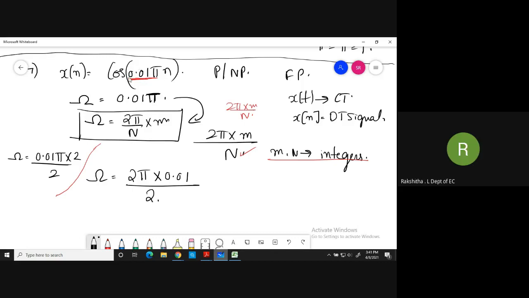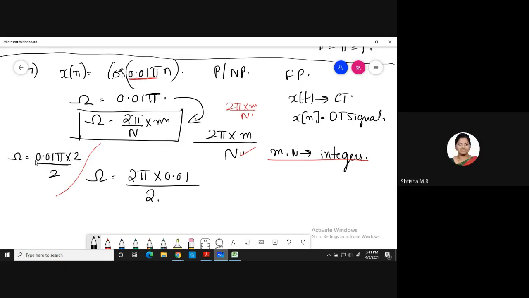Yes, ma'am. We are trying to express omega in this form. Omega is nothing but 2 pi into small m divided by n, where small m and n are integers. If I want to express this in this form, I have to multiply and divide it by 2, right? Yes, ma'am, I got it.